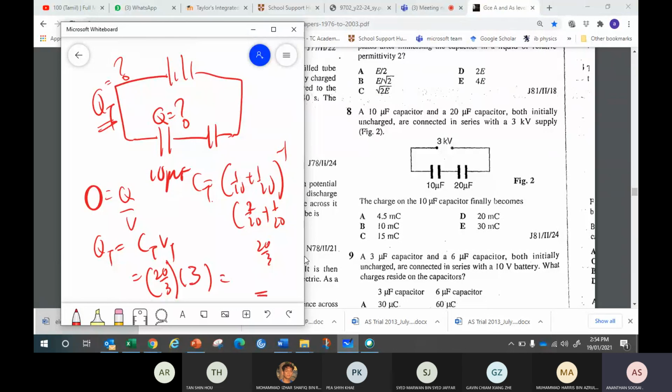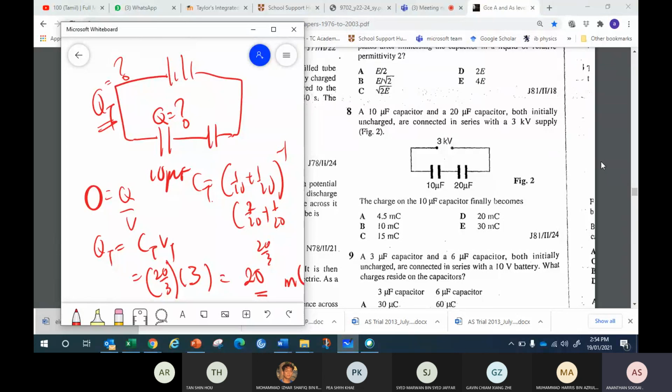The final answer will be in millicoulomb. How much do you get? 20 millicoulomb. So Q total is C total times V total. Find the C total using the reciprocal for each, and we get 20 millicoulomb stored in the 10 microfarad.